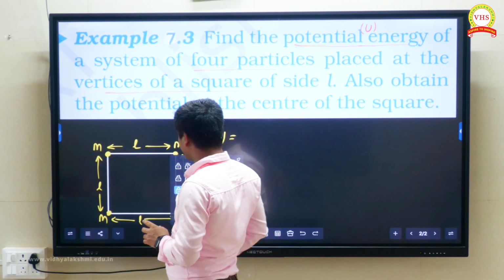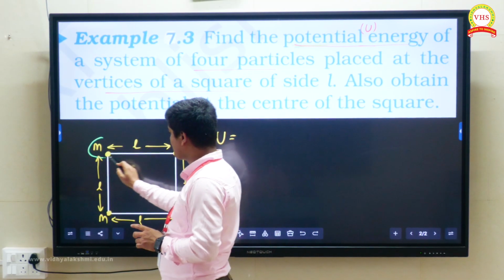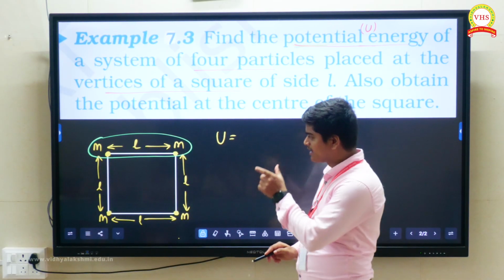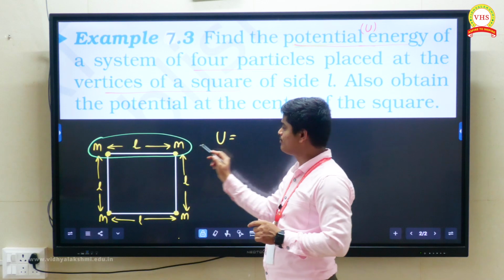First I am taking these 2 masses as 1 pair. What is the gravitational potential energy for these 2 masses?